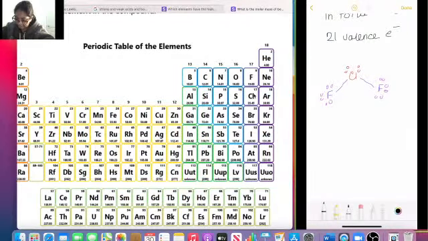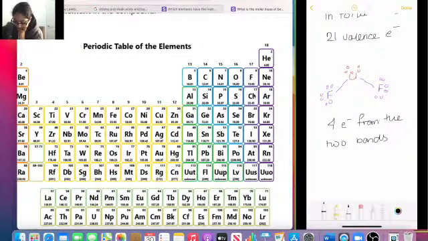So we have 4 electrons from the bonds, from the 2 bonds, right? And we have basically 16, right, in 2 bonding pairs.